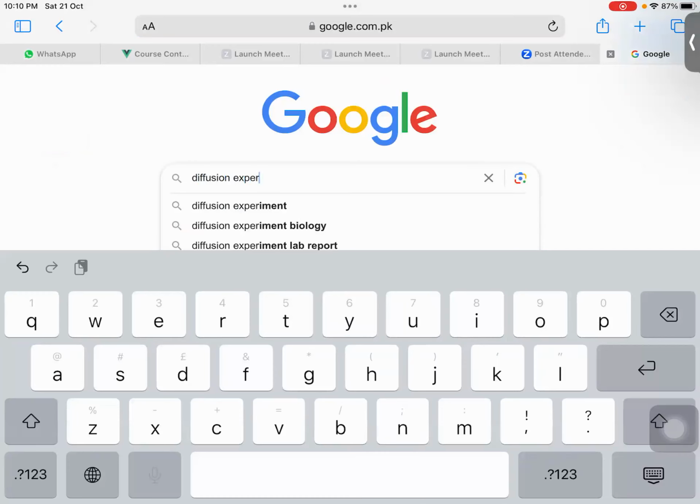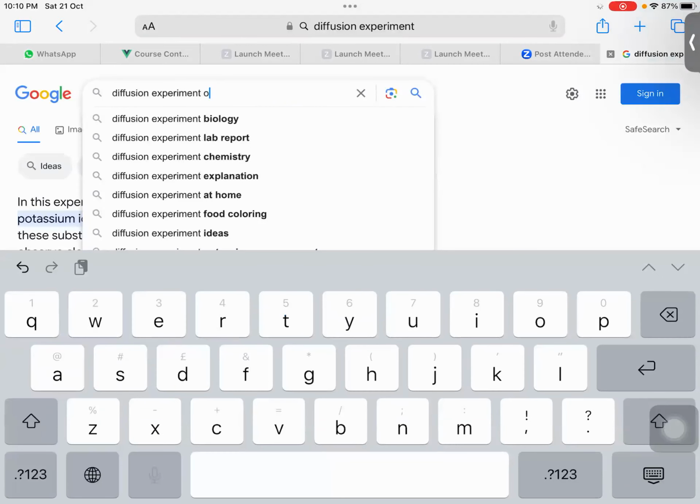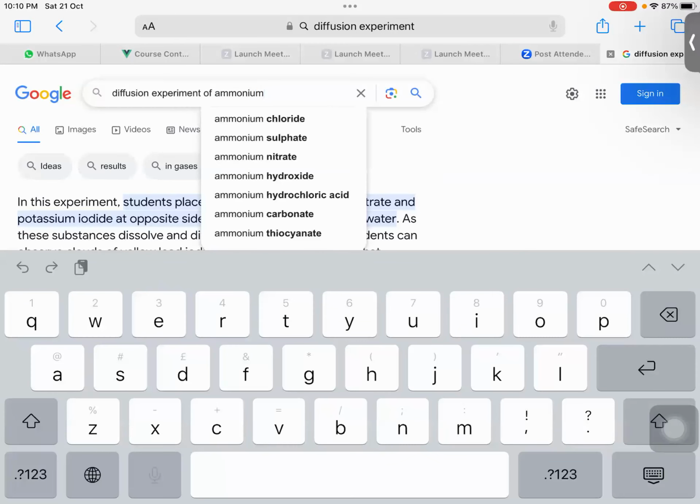Diffusion experiment of ammonium chloride.